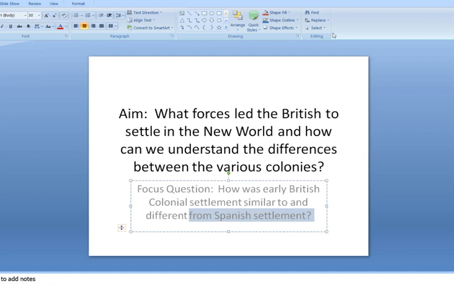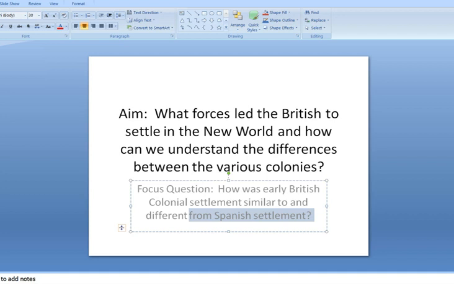There was a lot of intermixing of the different populations going on, with slaves coming from Africa, the Hispanics, the Native American Indians that had survived, and the whites coming over. In British colonies, there's going to be a different kind of settlement. The British are going to segregate themselves.